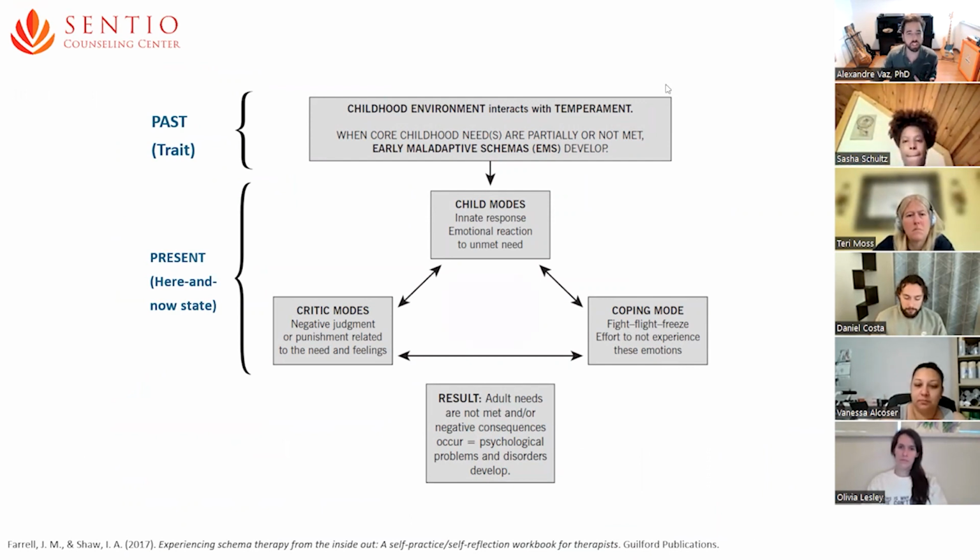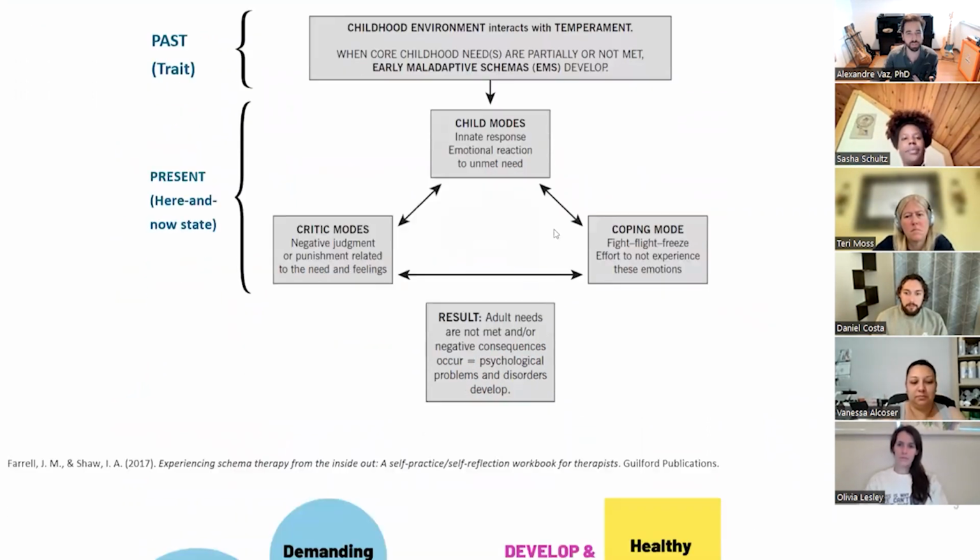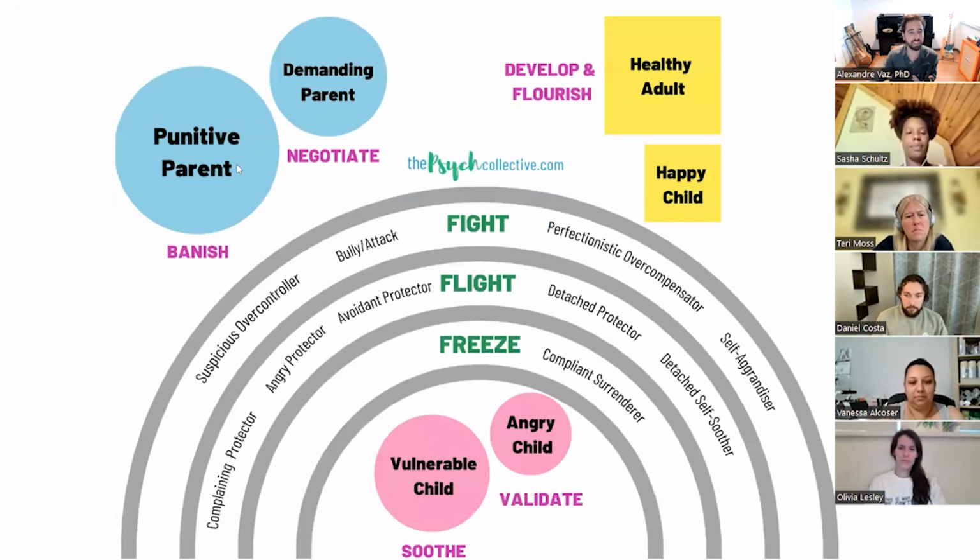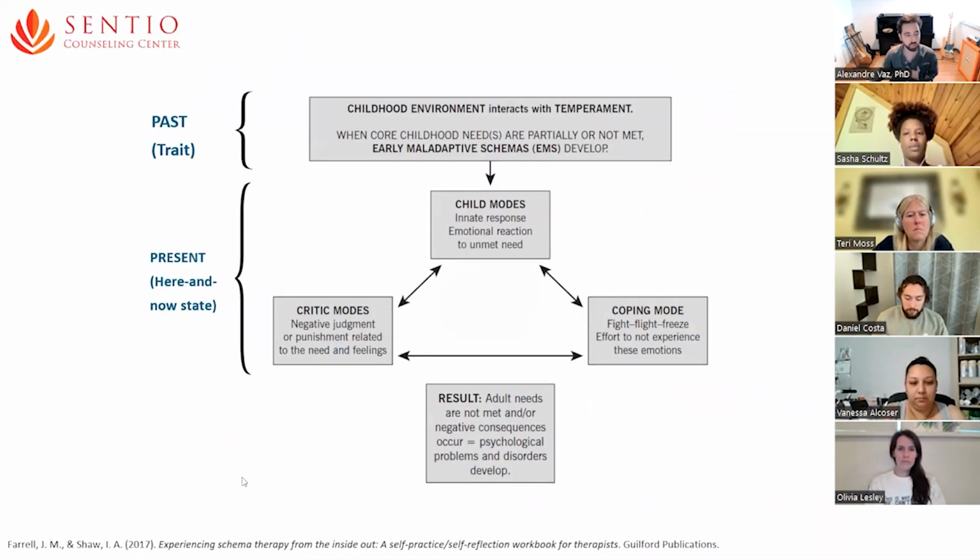Let me just go to the chat here. Oh, thank you, Natalie. Yes, so the image we just have here is from psychcollective.com, which I believe is an Australian group, which is really great. And the resources are really good for schema therapy. I also want to give props to Joan Farrell, who wrote this book called Experiencing Schema Therapy from the Inside Out.